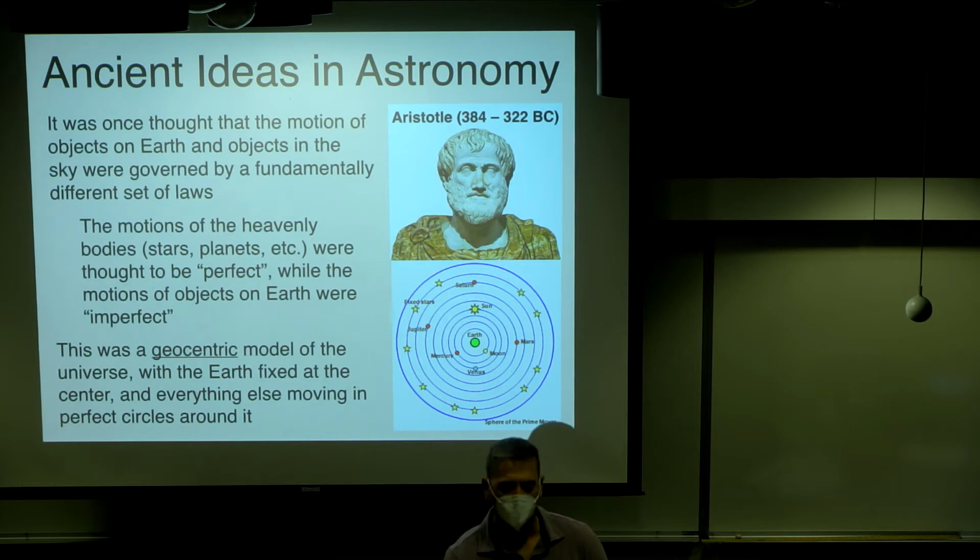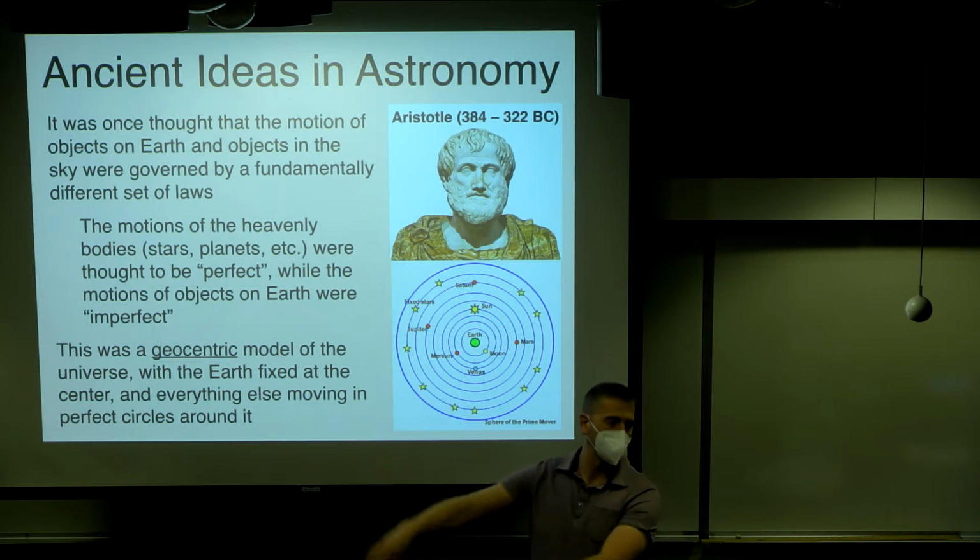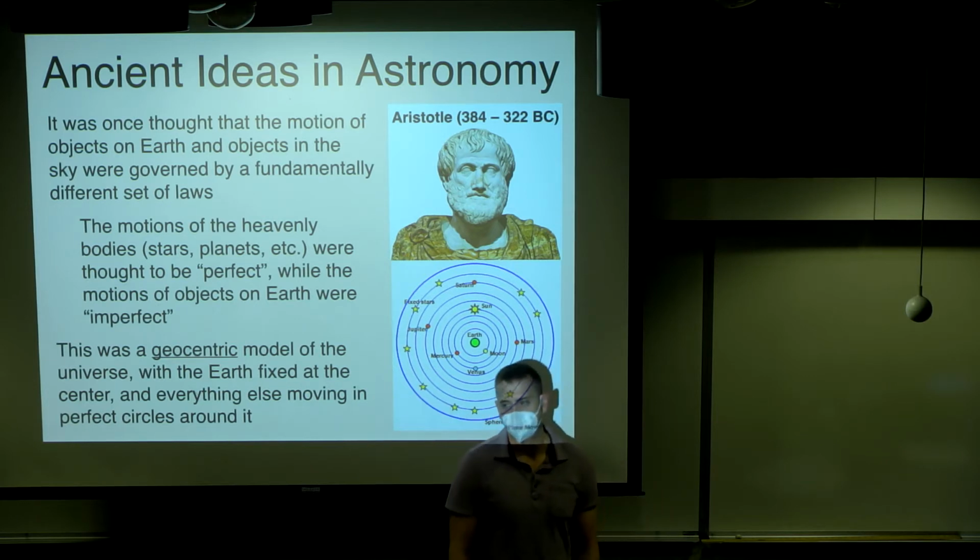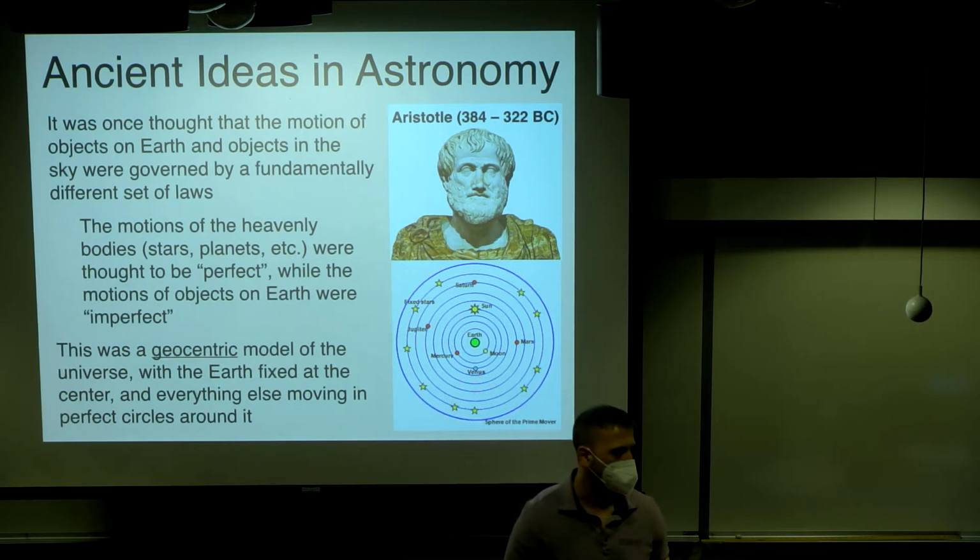Okay? So there's sort of like one way things work down here. There's a certain laws of physics for motion of earthly bodies. And then there's an entirely separate set of physical laws for heavenly bodies. That was just the common thinking back then.